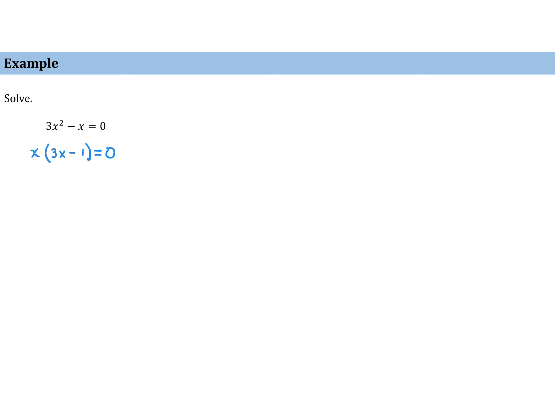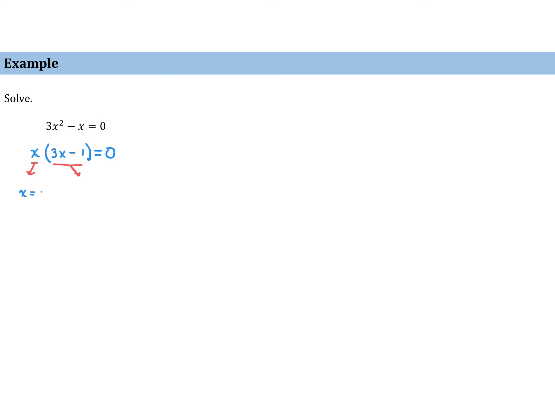So if we factor out an x, we get 3x minus 1 left. So notice if I distribute, I get 3x squared minus x. So now I have two things that are being multiplied. I have the x and the 3x minus 1. For their product to be 0, one of those has to be 0, at least.